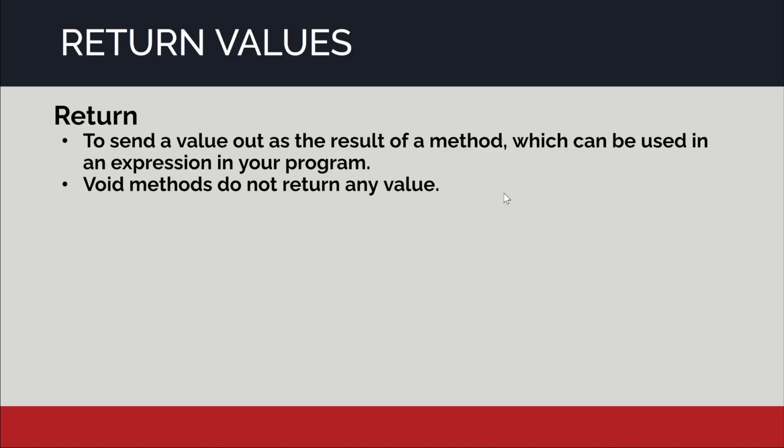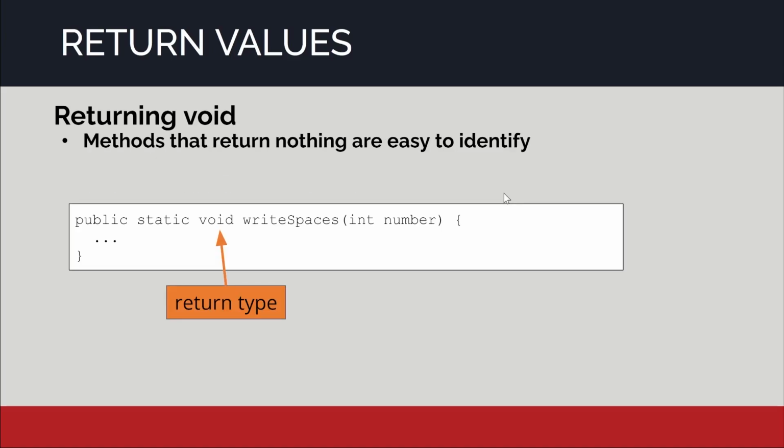Void methods, which we've seen a lot of up until now. In fact, I think maybe all the methods I've shown you have been void methods. That just means they don't return anything at all. So if you don't need to return a value to the person who called it, then your method should be void. And if you are planning on giving something back to the caller, then your method should have a return value.